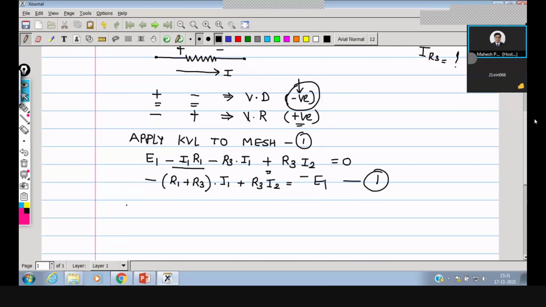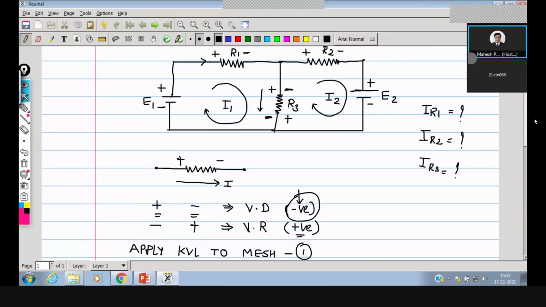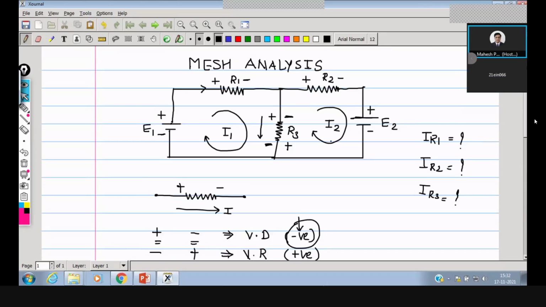So apply KVL to mesh 2. Fine. In mesh 2, we have assumed the direction clockwise. Here the voltage E2 is a battery, with plus and minus sign, and the direction of assumption is clockwise.